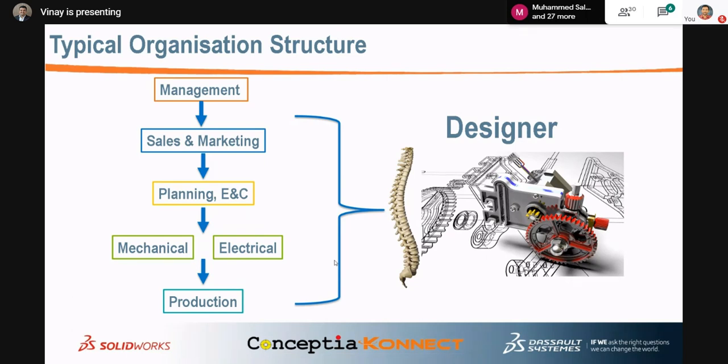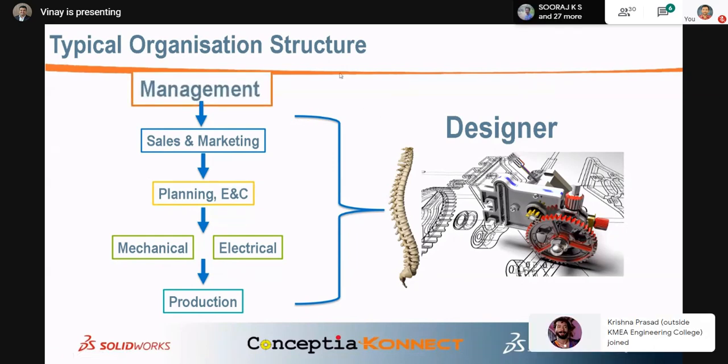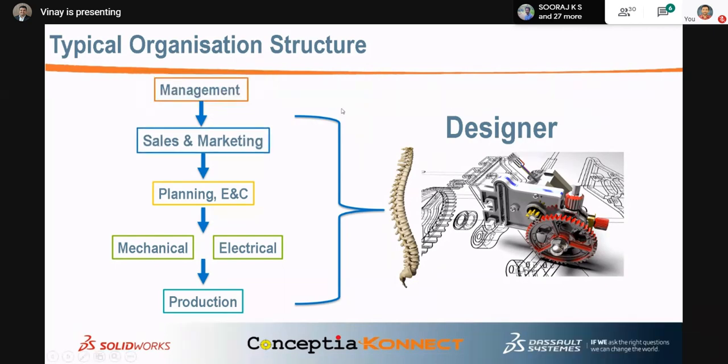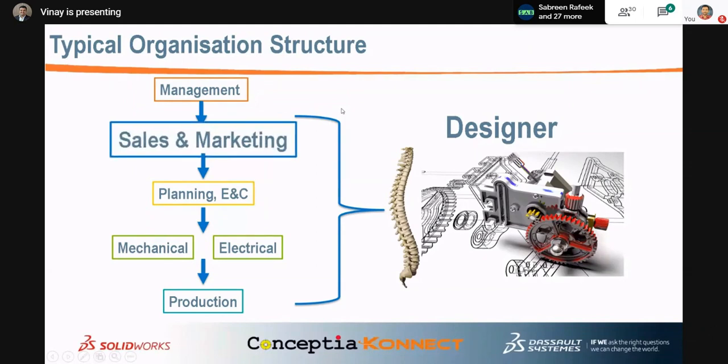So management, I will not tell about the management, because management will invest the money and they have many other operations. But when it comes to the sales and marketing department, what happens? The sales and marketing departments will try to get the order and market the product we are manufacturing, correct?